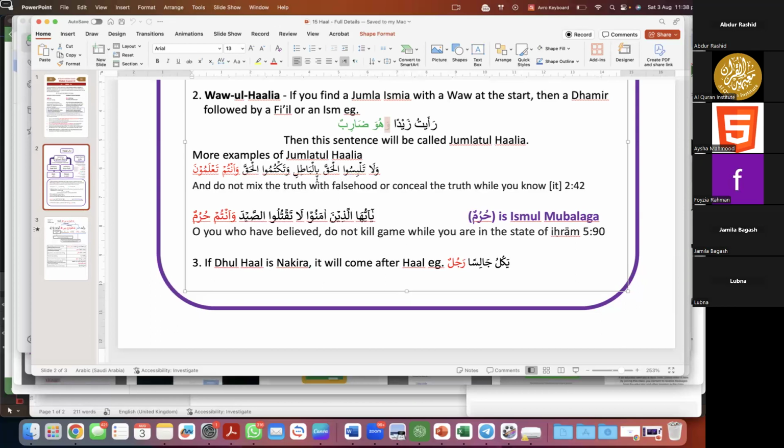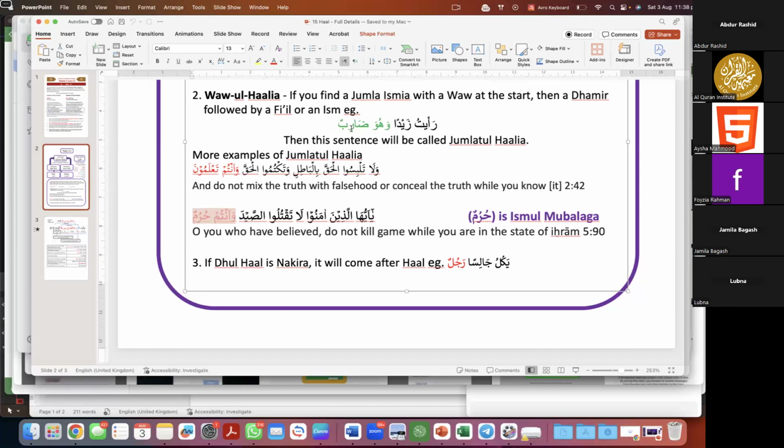Wa la talbisul haqqa bil batili wa taktumul haqqa wa antum ta'alamun. Do not mix the truth with falsehood or conceal the truth while you know it. While means hal. When you know, in that state, you do not do this. Wa antum hurumun, while you are in ihram, don't kill the animal in the state of ihram. Can you see?